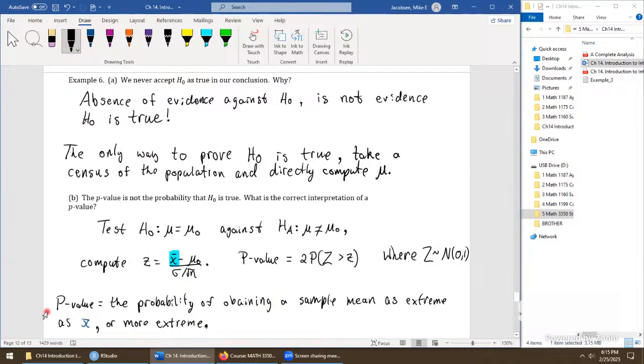So the probability of obtaining data as extreme as X bar or more extreme under the assumption H naught, mu equals mu naught, is true.